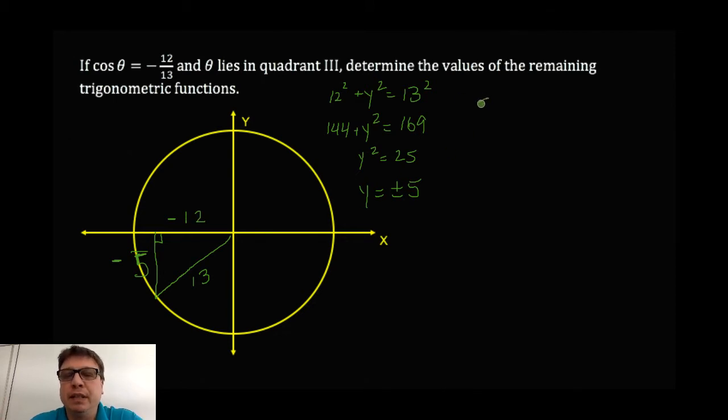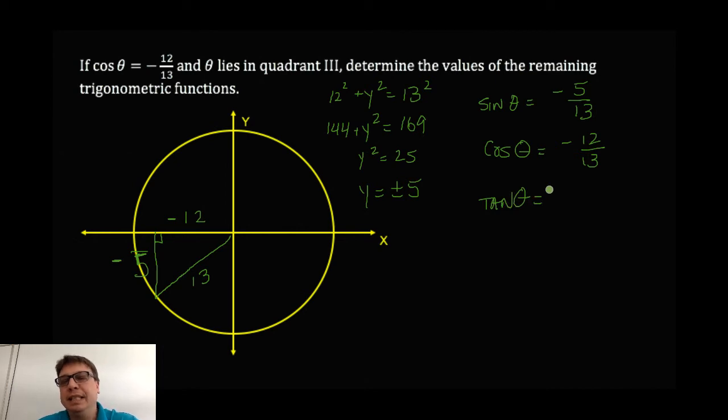Okay, so then that means that sine of this theta is the opposite side divided by the hypotenuse. So that's negative 5/13. Cosine we already know, but I'm going to put it in here just to make my life a little bit easier. Tangent is equal to sine over cosine, but I don't feel like doing that mathematics. I'm just going to look at my triangle.